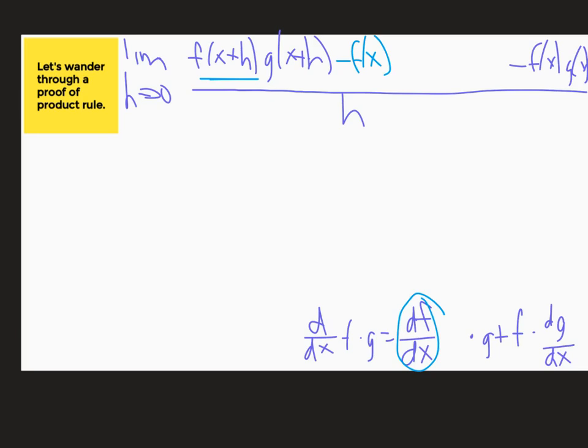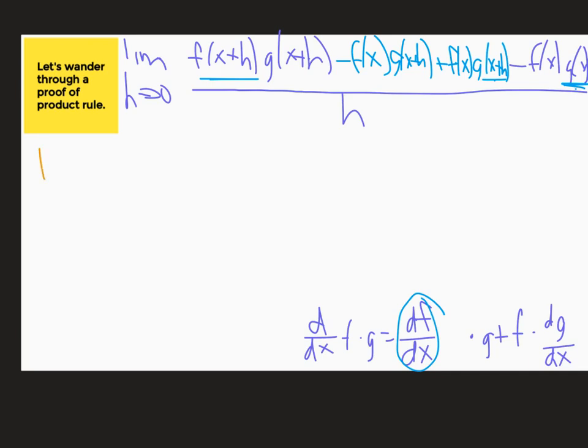And I need a g of x plus h because I need the derivative of g here. So g of x plus h and g of x are going to be friends. Now look at those two pieces. Do you notice they are identical? So I didn't really do anything. I added and subtracted two different things, but really it's the same thing.